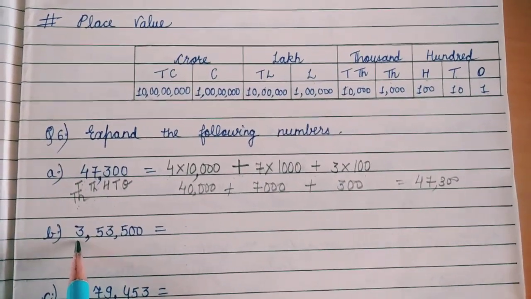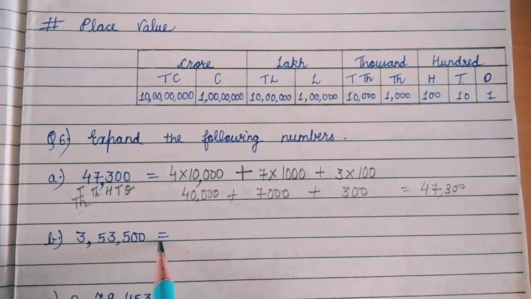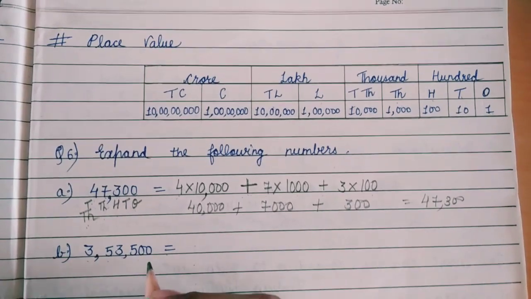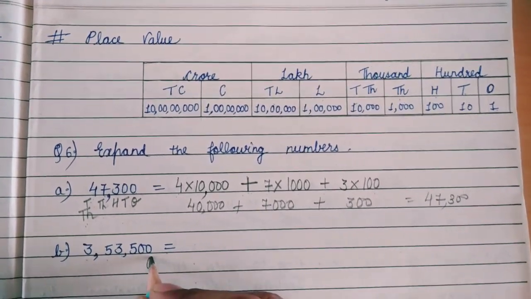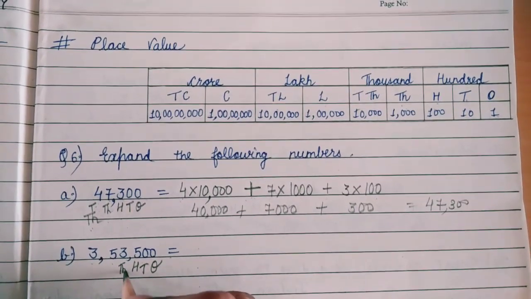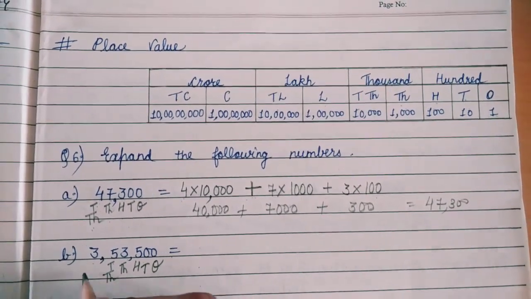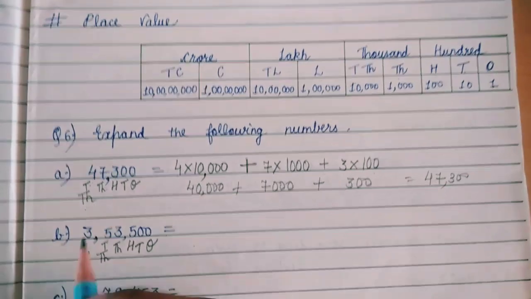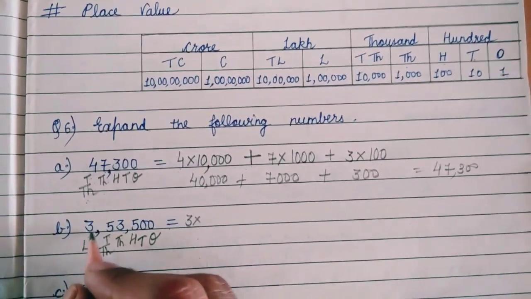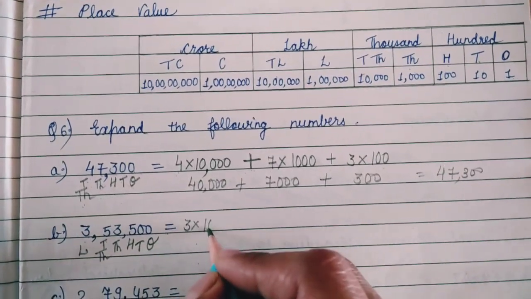Now one more we will see. Here we have 3,53,500. Simply you can see, firstly we will put the place value, ones, tens, 100, 1000, 10,000 and lakh. So 3 will multiply by lakh. The first value 3 will multiply by lakh.